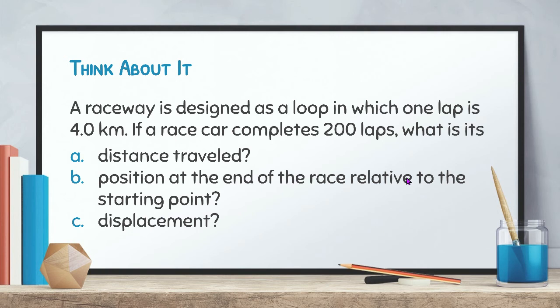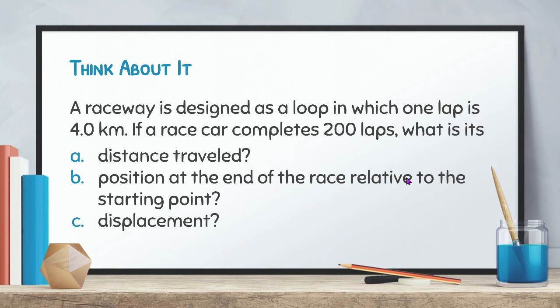The race car does 200 of those. What is the distance traveled? 800 kilometers. 200 times 4. Because remember, distance is the total length. So each time the race car goes around a lap, that's 4 kilometers. And if you do it 200 times, that's 800 total kilometers that's traveled.